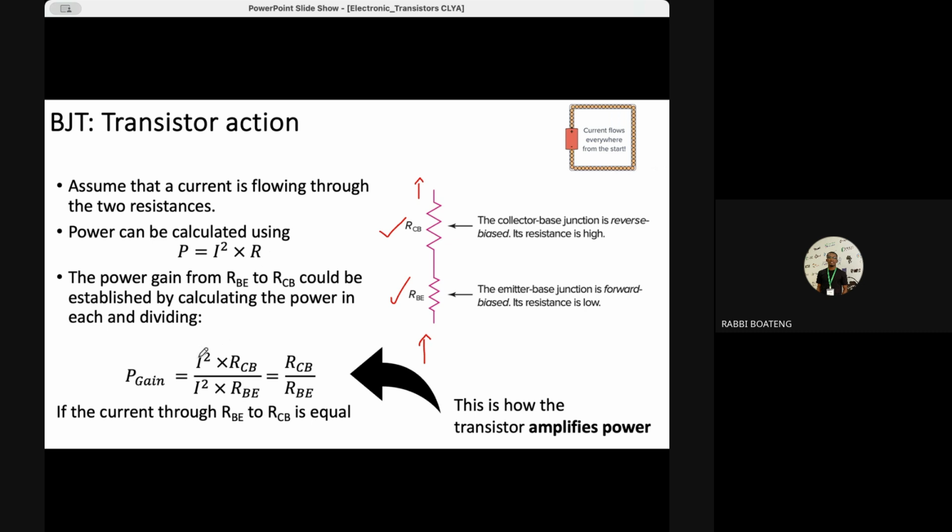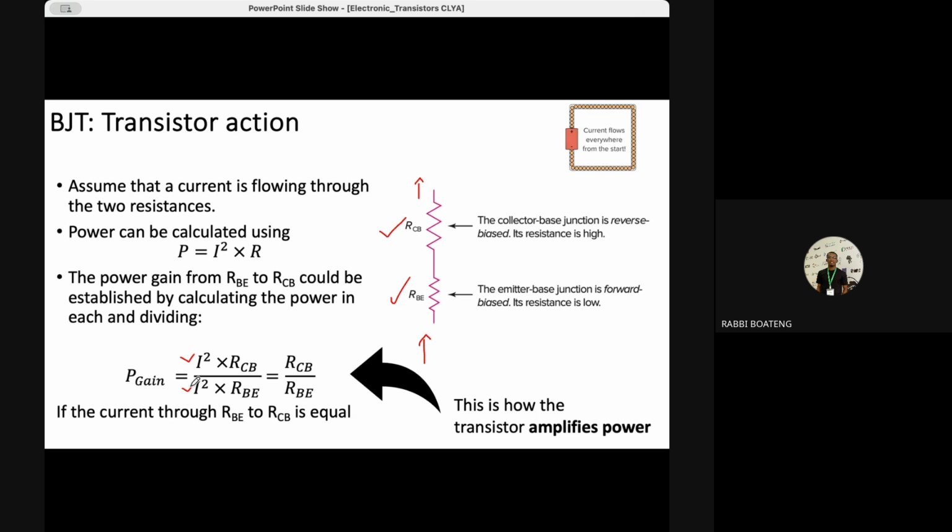The output that we have here is the RCB, the collector base junction. And the input here is going to be the base emitter junction. Power gain is always the output over the input. So this is going to be our output, and this is going to be our input.